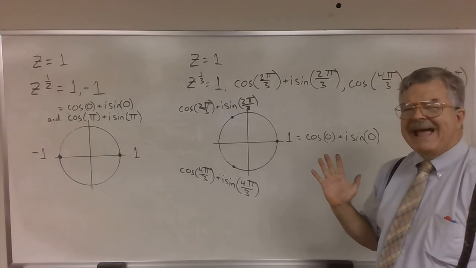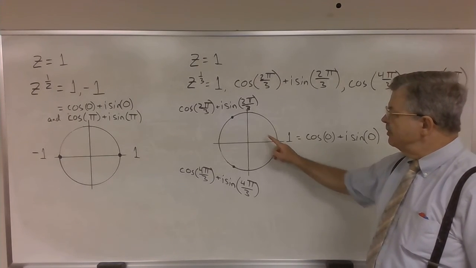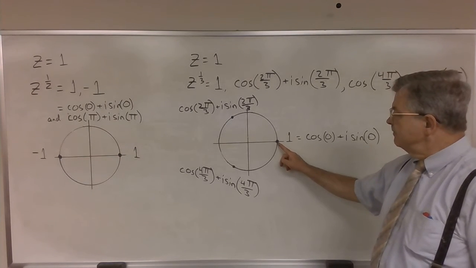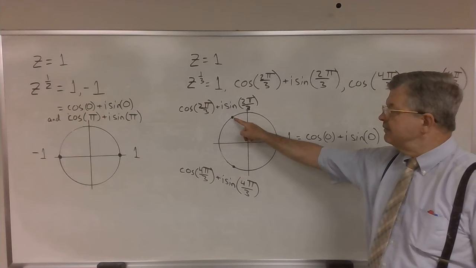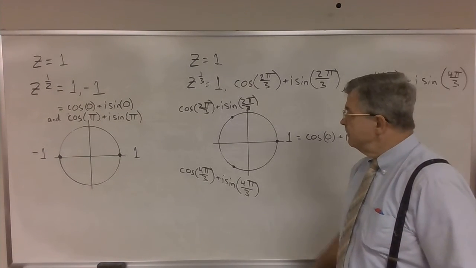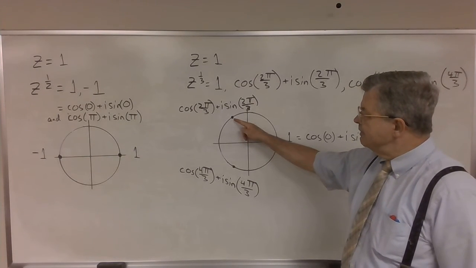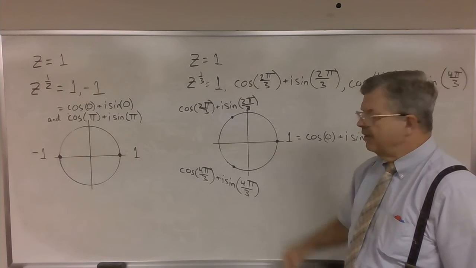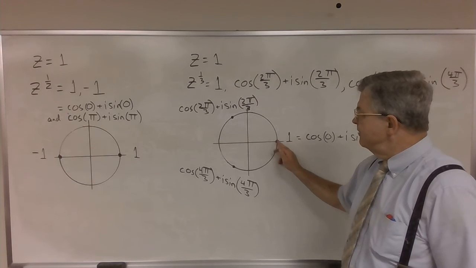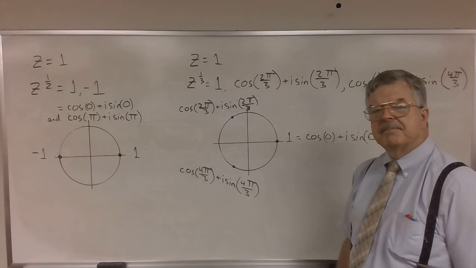As far as angles go, what's the distance from this point to that point? Well, we're going from an angle of 0 to an angle of 2 pi over 3. And here, going from this point to this point, we're going from 2 pi over 3 to 4 pi over 3. So 2 pi over 3 from here to here, 2 pi over 3 from here to here.